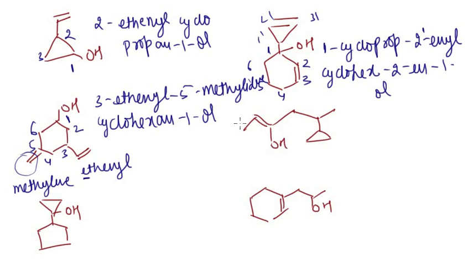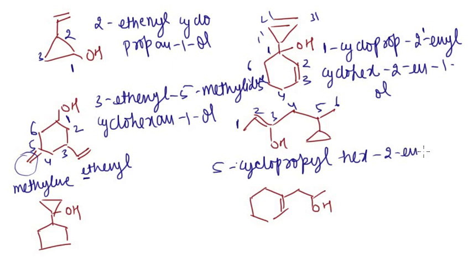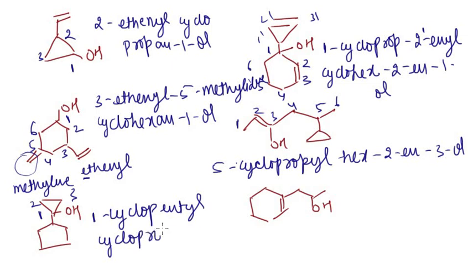In that particular case, the alcohol we have to give the priority. 1, 2, 3, 4, 5, 6. 5-cyclopropylhex-2-en-3-ol. In that particular case, 1, 2, 3. 1-cyclopentylcyclopropan-1-ol.